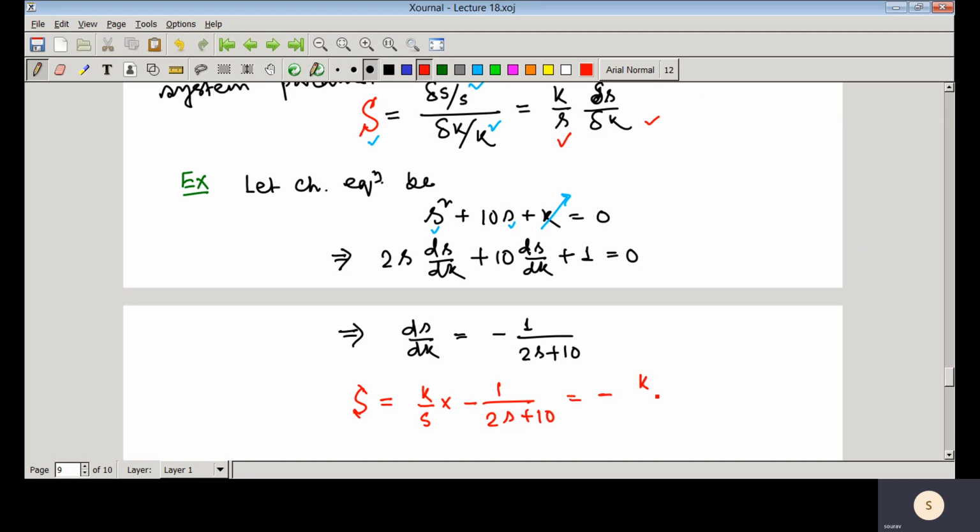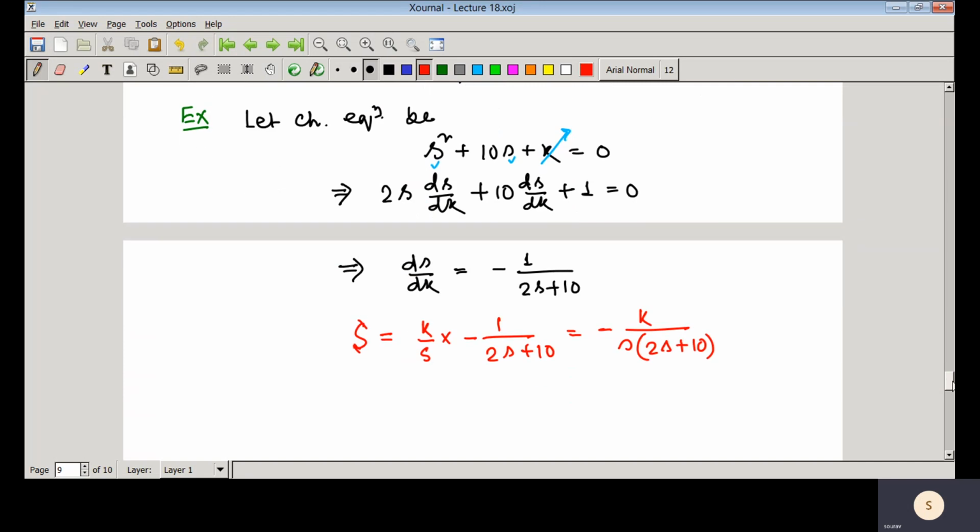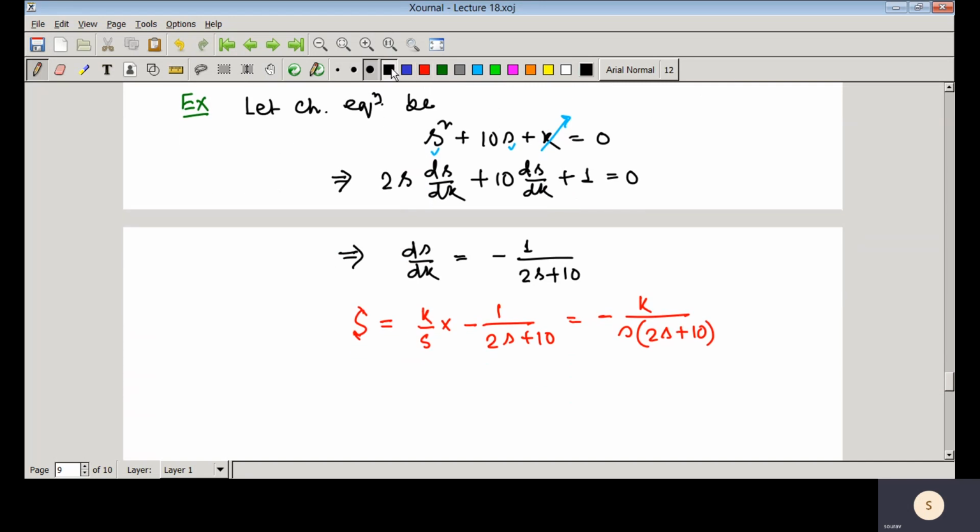So you would have minus K by S into 2S plus 10. So that is the root sensitivity, and this is actually a complex quantity.